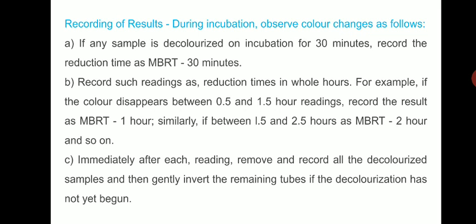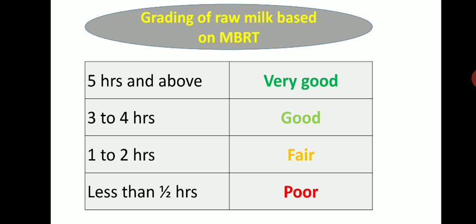Immediately after each reading, remove and record all decolorized samples and then gently invert the remaining tubes if decolorization has not yet begun. This is a chart showing the reading of raw milk based on MBRT.